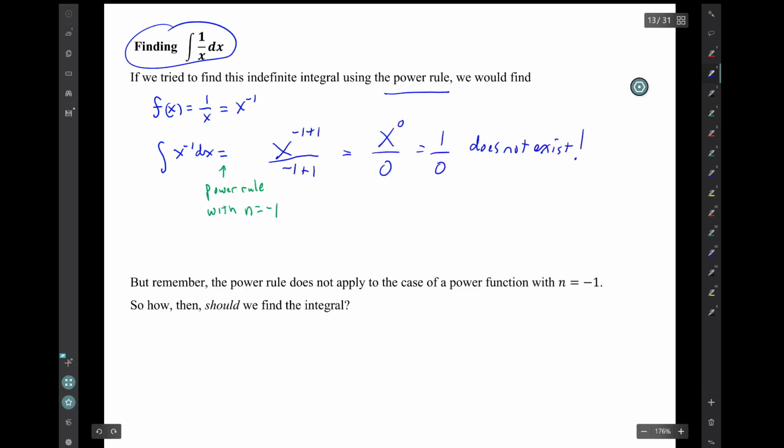We would find that the indefinite integral does not exist. But remember, the power rule does not apply to the case of a power function with n equals -1. So that whole batch of stuff that we just did is invalid.